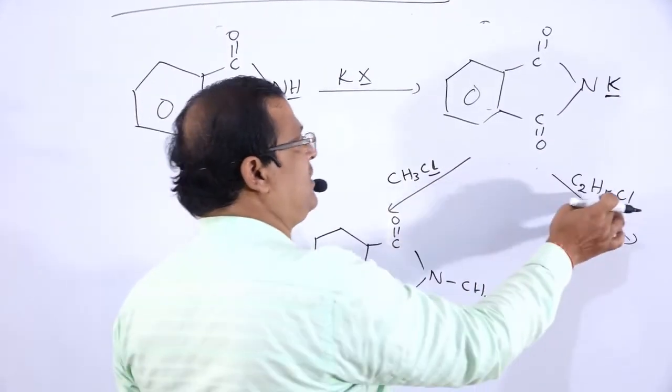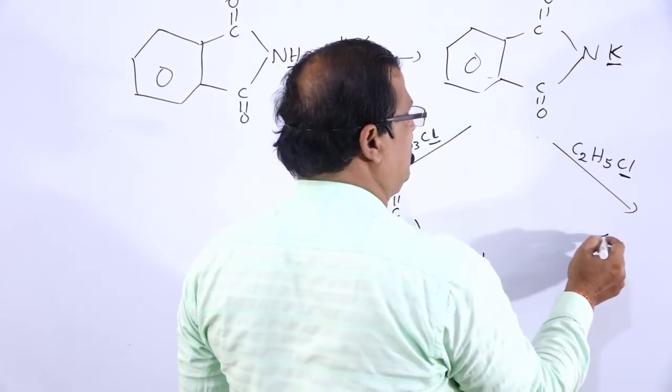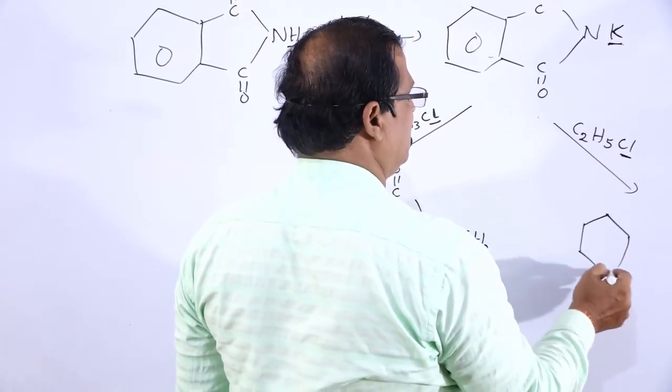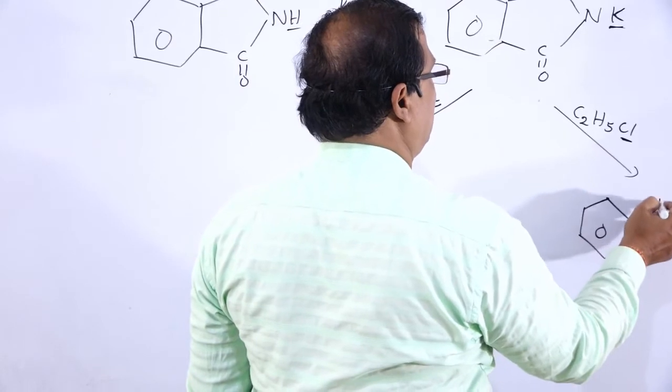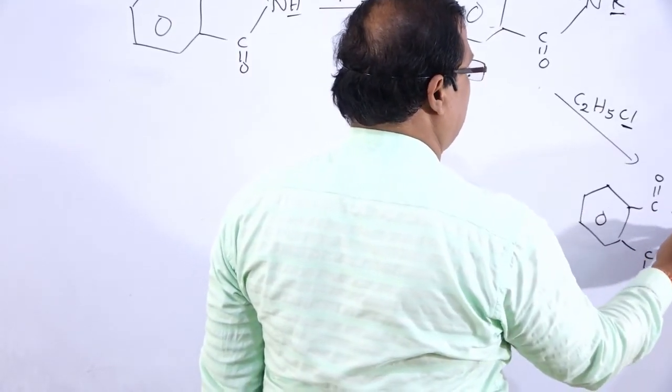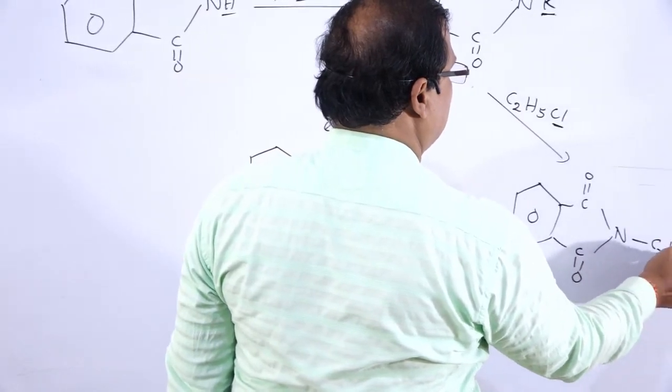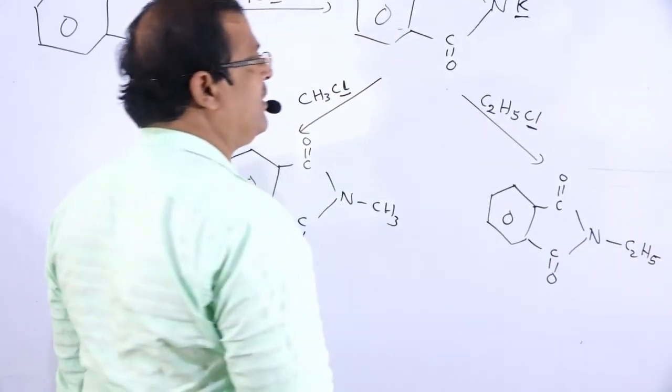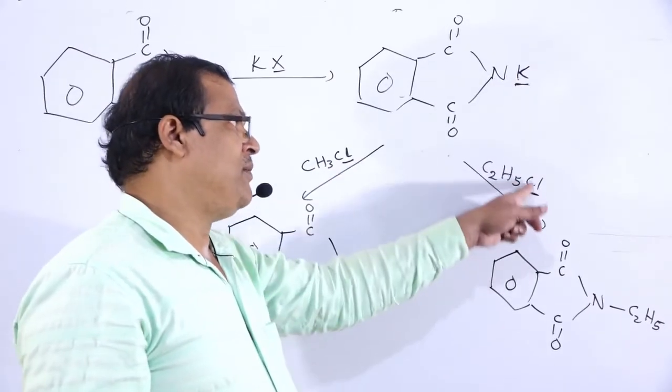If ethyl chloride is the reacting species, then C=O and N-C2H5 is formed, and KCl is removed.